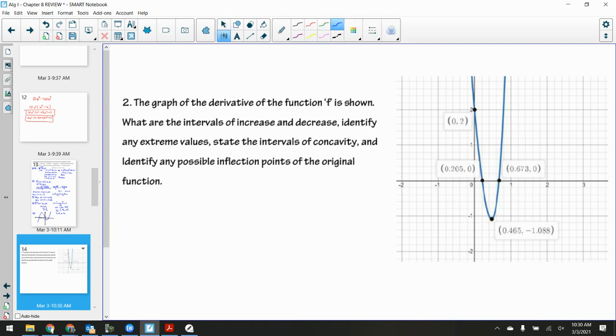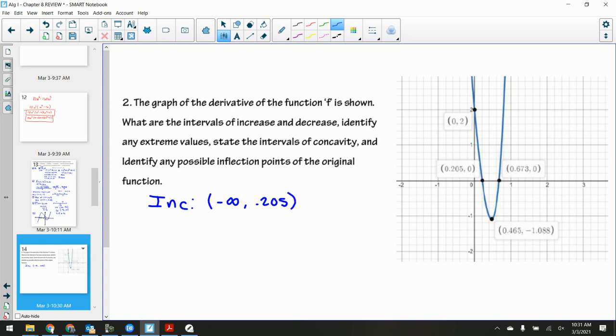All right, now, if that's the graph of the derivative, everything above the x-axis is increasing, everything below the x-axis is decreasing. So this is increasing at all points above the x-axis. So from negative infinity to 0.205.